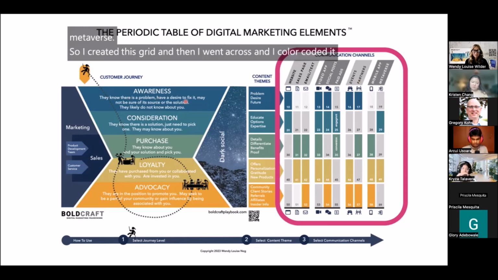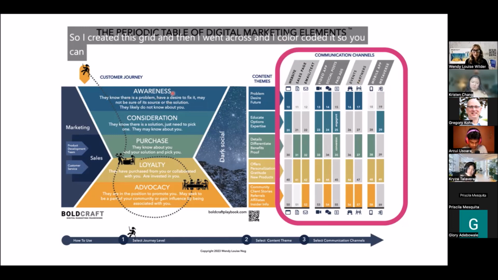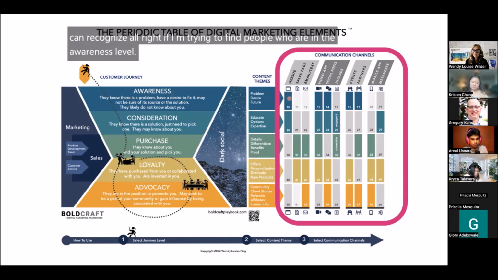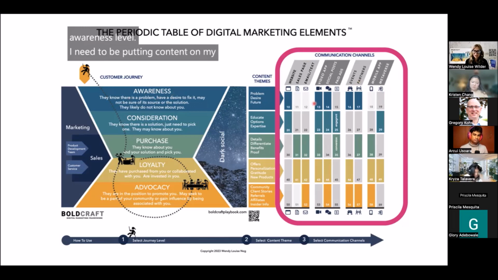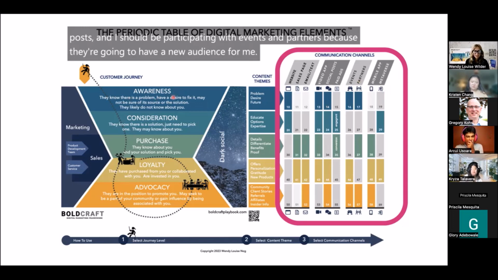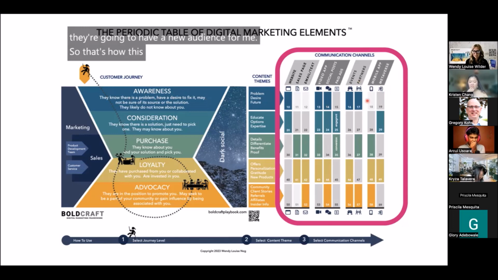So you can recognize, all right, if I'm trying to find people who are in the awareness level, I need to be putting content on my website, posting a video, doing social posts, and I should be participating with events and partners because they're going to have a new audience for me. So that's how this chart reads across.